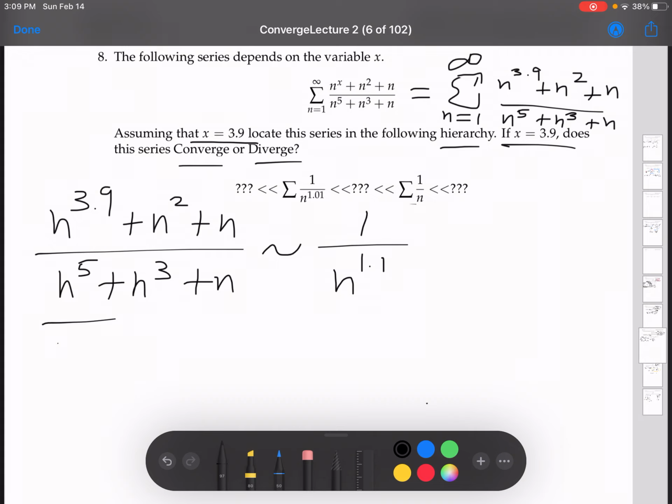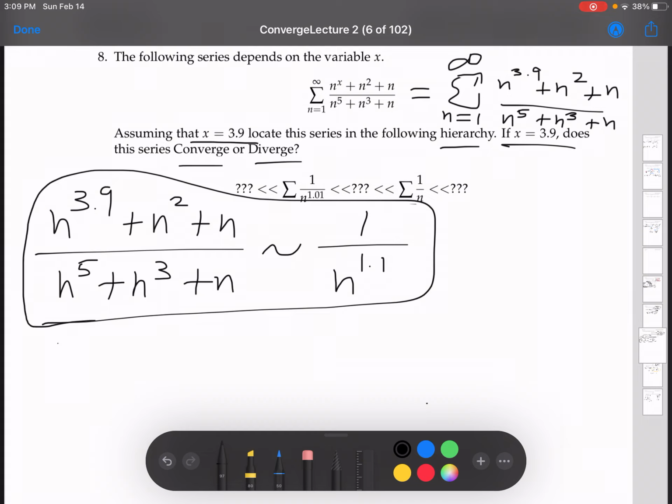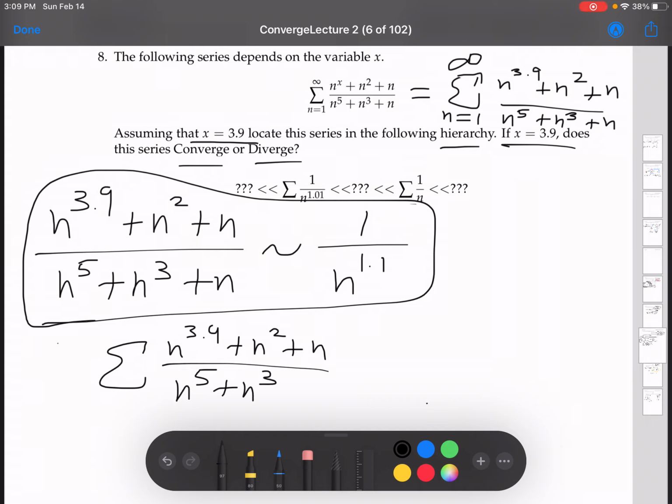All right, so we know that due to this fact, there are two associated series, either both converge or both diverge. So we'll look at n to the 3.9 plus n squared plus n to the 5th plus n cubed plus n, and the series 1 over n to the 1.1.